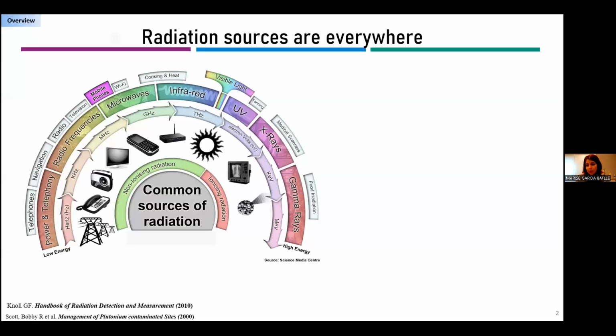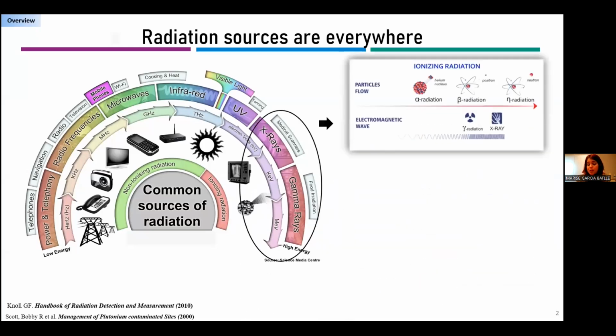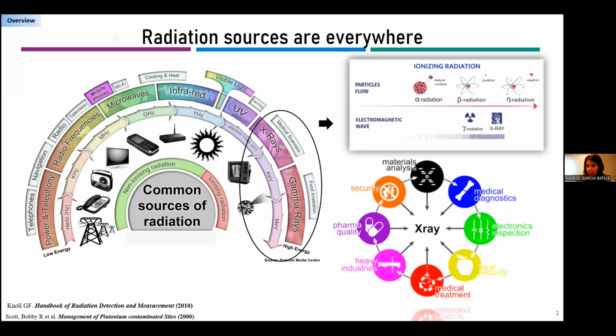I would like to start with a brief introduction about how we are surrounded by radiation sources. We are exposed to it constantly. Of course, there is ionizing radiation and non-ionizing radiation. But today, I will focus my attention only on ionizing radiation, because X-rays and gamma rays have many applications in medical diagnosis, medical treatment, security control at the airport, and so many others.